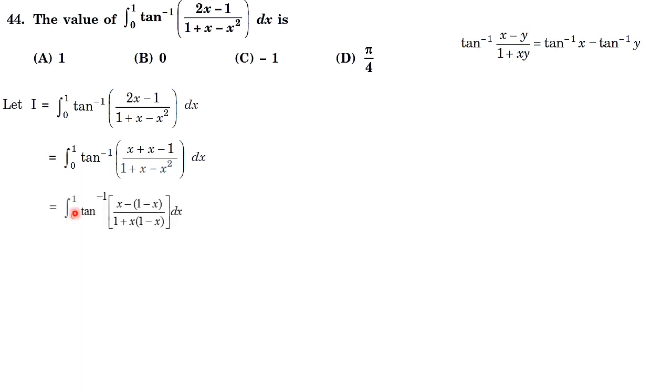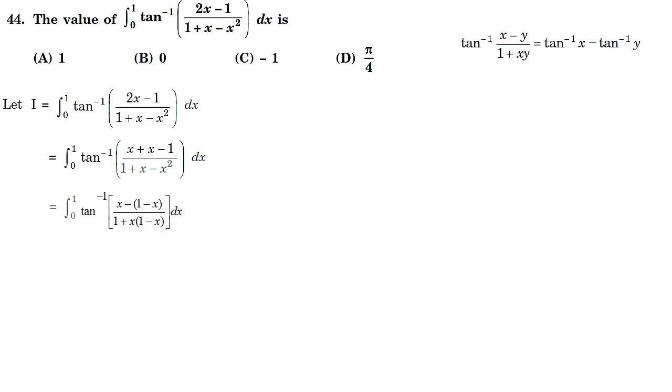That is integral 0 to 1 tan inverse of, first term is x. Then in these two terms, if we take minus common, we get 1 minus x. The minus goes out, so it comes as a plus term. So (x plus 1 minus x) divided by, in the denominator also, 1 plus x into 1 minus x, dx. So this is now in the form (x minus y)/(1 plus xy).